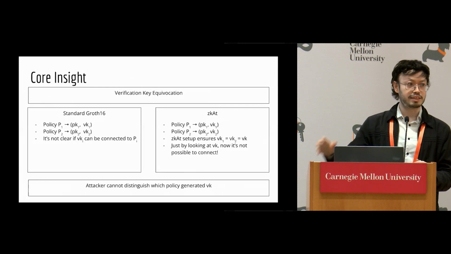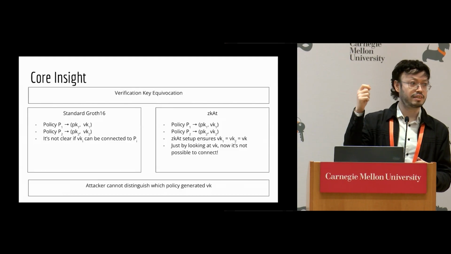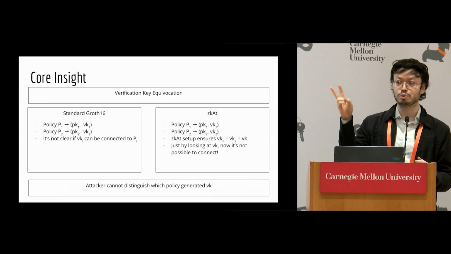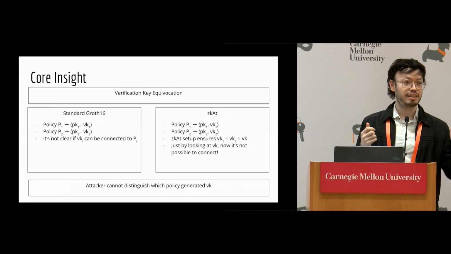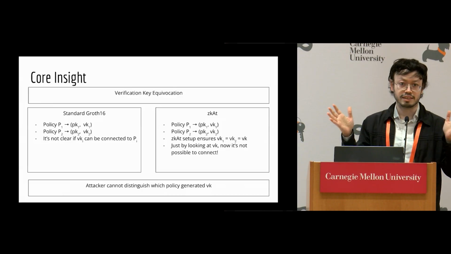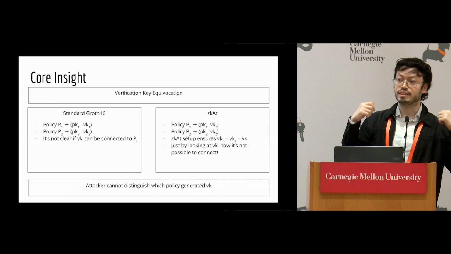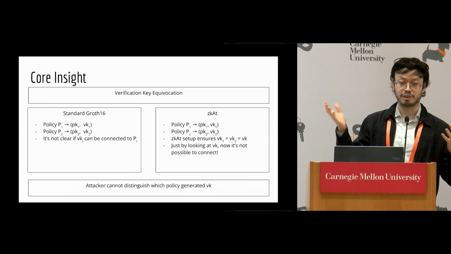that by just looking at the VK, it is no longer possible to distinguish, even if the adversary knows which two circuits it's comparing. We give the adversary the power to generate these circuits, actually. So the adversary generates these circuits, then asks for a VK for one of them.